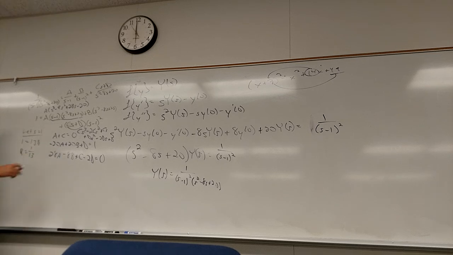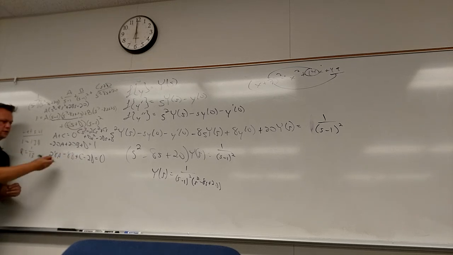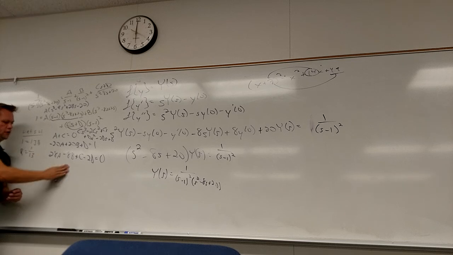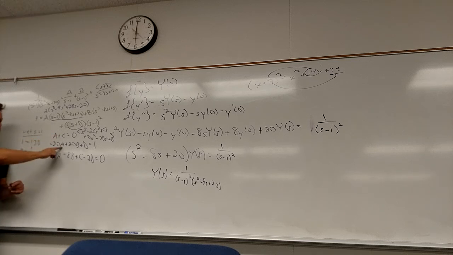So let's see. A is negative c, so this becomes negative 28c plus c, so negative 27c. Is that the way I want to go with that? Maybe, we'll see. No, I'll tell you what, I want to go the a way, because there's an a here.